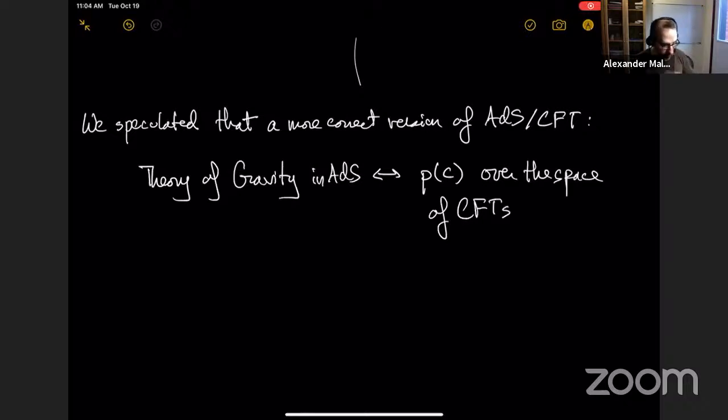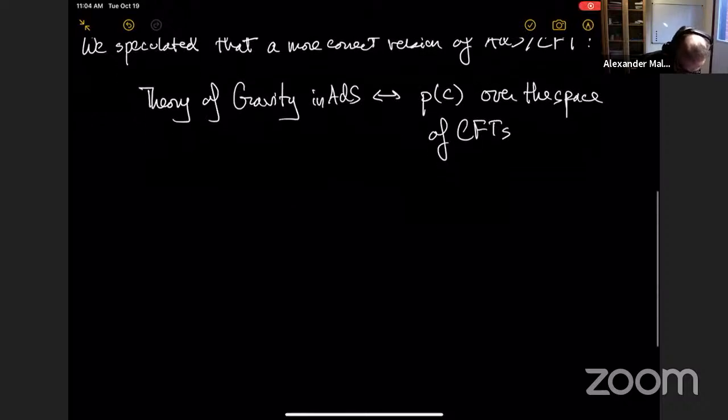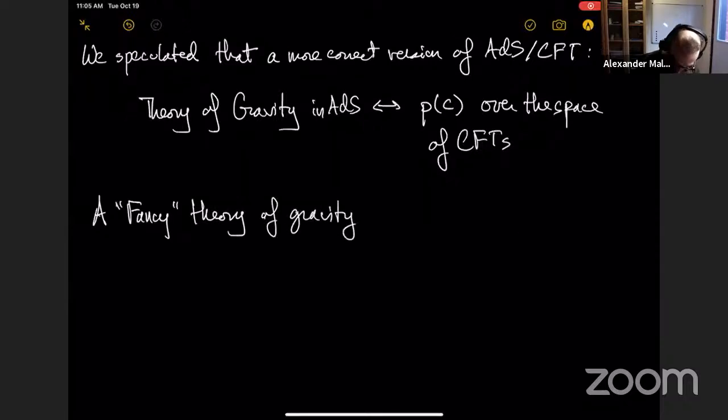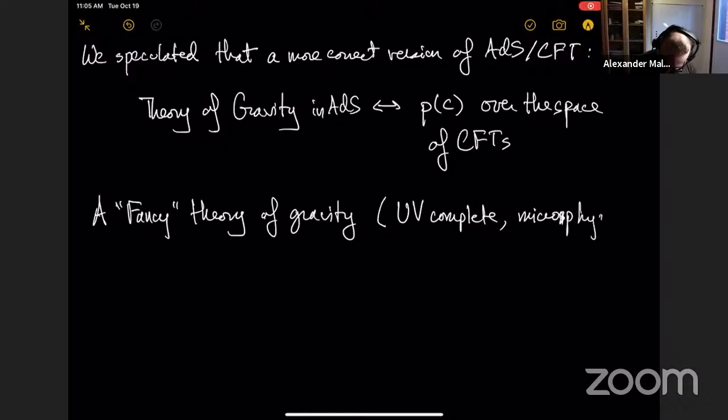So in this picture, a quote unquote fancy theory of gravity would be one that is completely UV complete, and in particular, a theory of gravity where we can completely understand the microscopic physics of black holes.